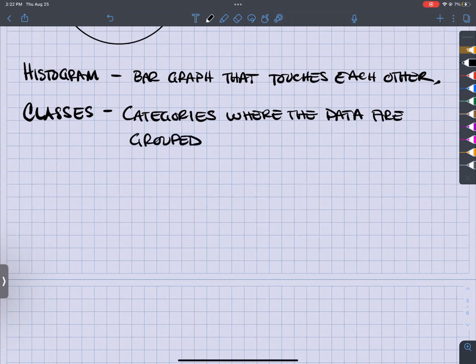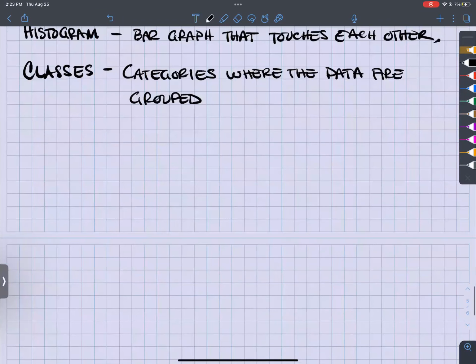So classes are categories where the data are grouped. In a class, you might have a lower class limit.